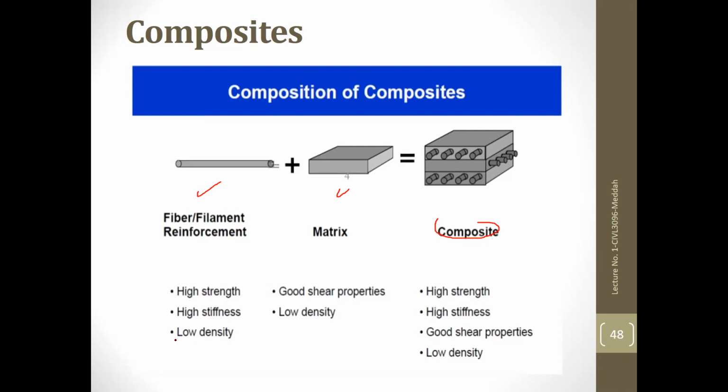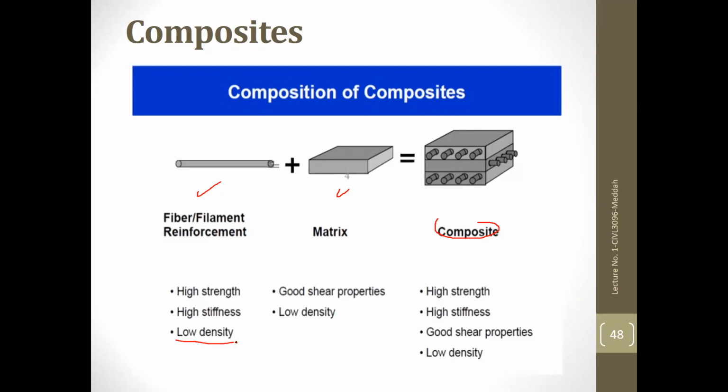and the density will be lower than if the whole material is made up of metal. But in the second case, if the whole material is made up of a composite, the density will be lower, of course, than if you use a single material like metal.